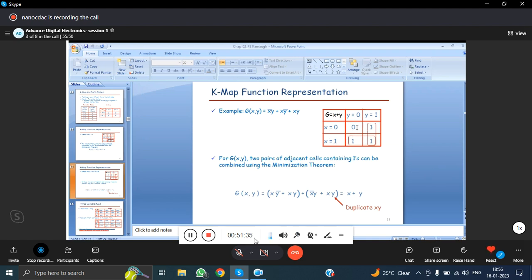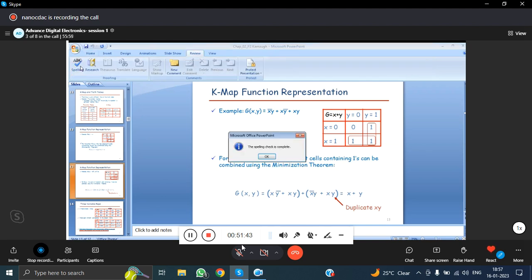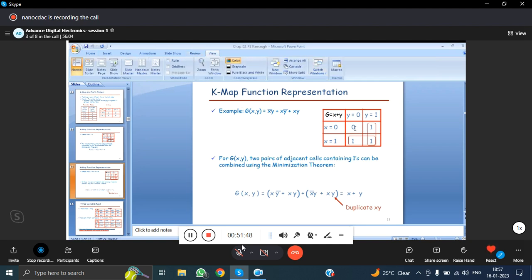It is A, B, C, D. So x bar y is here, x y bar is here, and these are x y, x y. So it has two pairs of adjacent cells containing ones and can be combined using the minimization theorem.